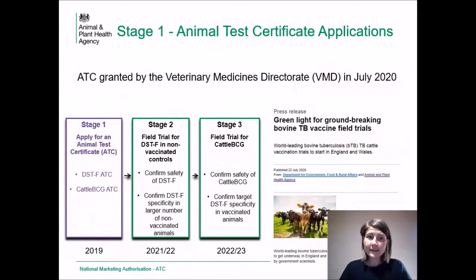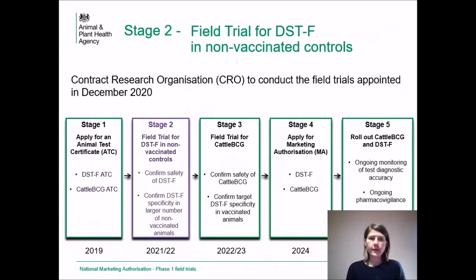The ATCs were granted by the Veterinary Medicines Directorate in July 2020, and that gave us the green light to progress with planning of the field trials. The first step was to appoint a contract research organization, CRO, to conduct the field trials on behalf of APHA, and that happened in December 2020.